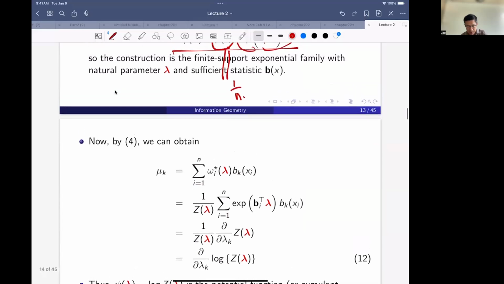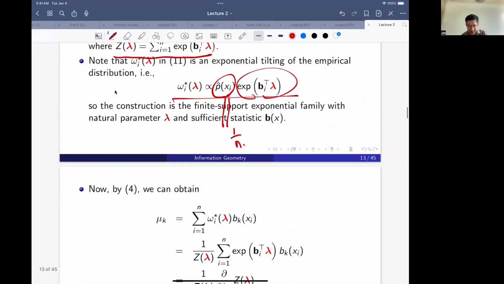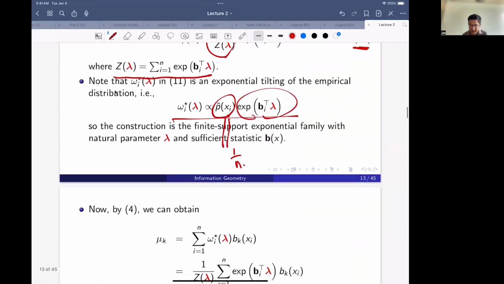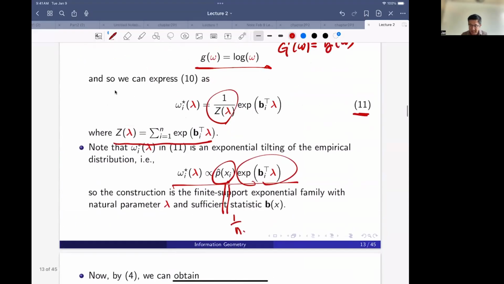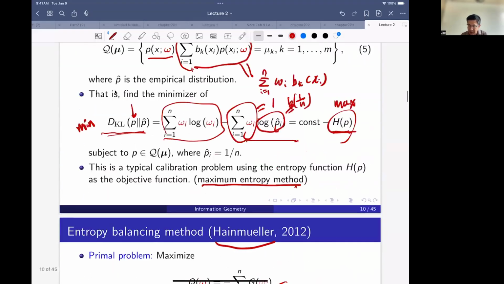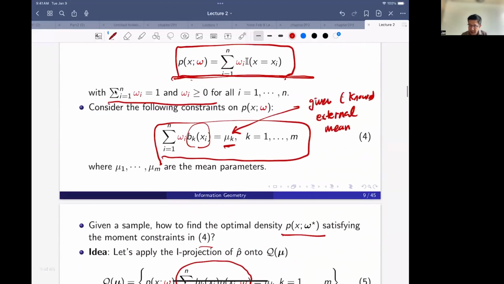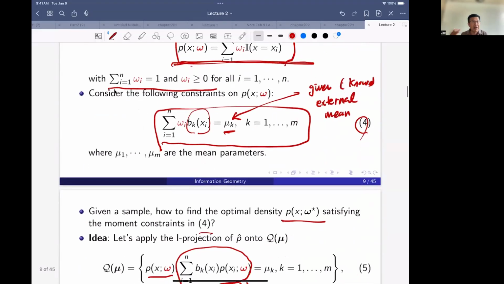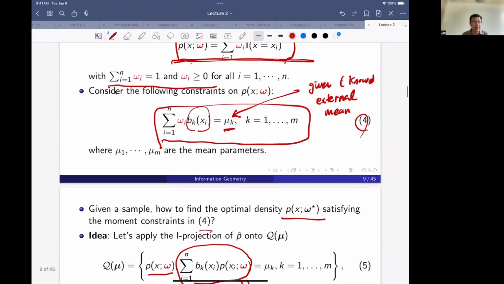And now let's check this more carefully. So by four, what is four? Four is probably calibration, right? So this is by the definition of omega, by the constraint.